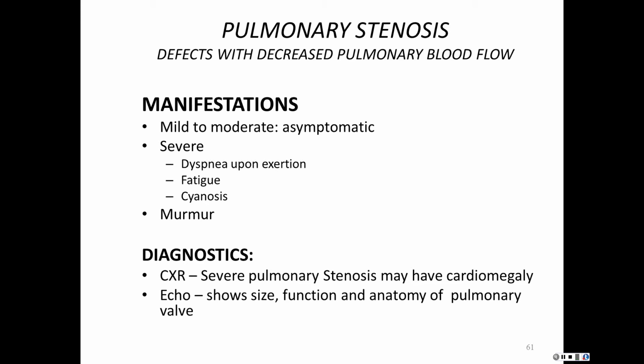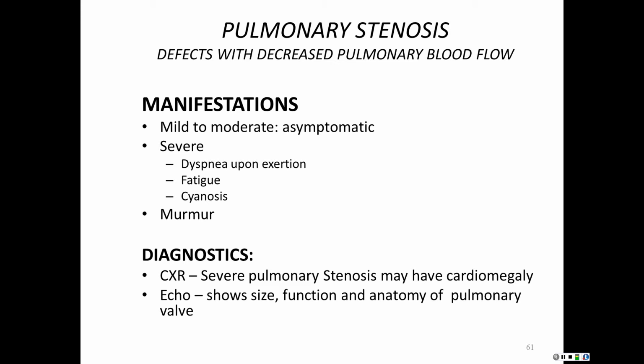These children typically will have a murmur. And remember, because this is the pulmonic valve, we're going to listen for that valve that you should know from 103. Go back and review that if you don't. It's going to be a systolic type murmur that you're going to hear. Many times you're going to have a grade 4 to 5 murmur on these children, and it may radiate up to the suprasternal notch.